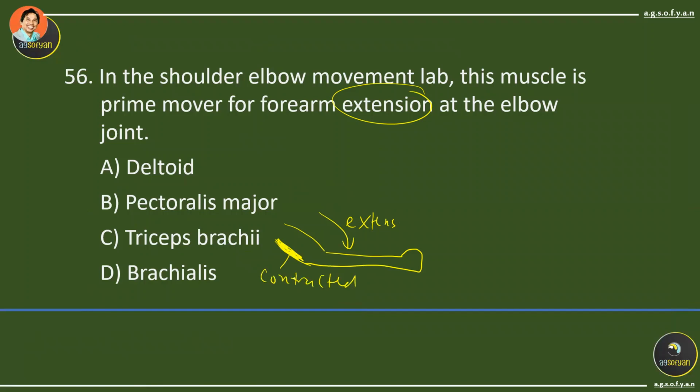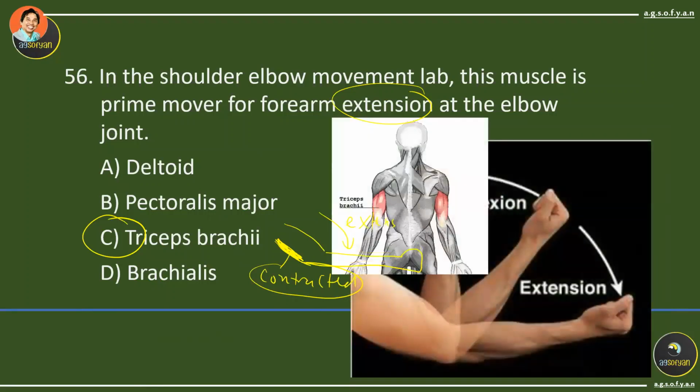This muscle on the back is the tricep. So for extension, the tricep is the muscle that contracts. It is the prime mover for extension in the elbow joint. So the answer is tricep.